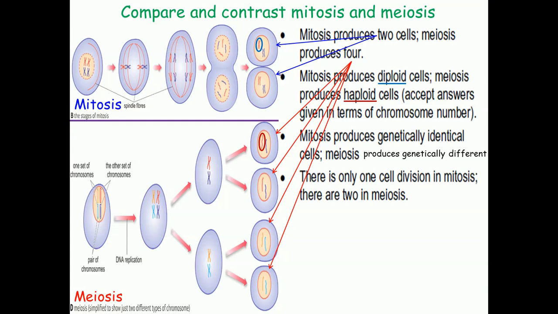This means that the cells have 1 copy of each chromosome. In mitosis, the daughter cells are genetically identical. In meiosis, the daughter cells that are produced are genetically different.